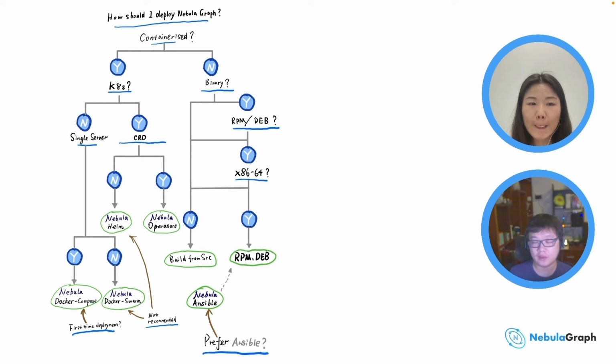GraphD is stateless, so you can have any number of them. For StorageD, which is the storage backend instance, you will have at least three of them if you deploy in a distributed way, but you can scale out to any number of StorageD instances. And for MetaD, it's recommended to have three of them.